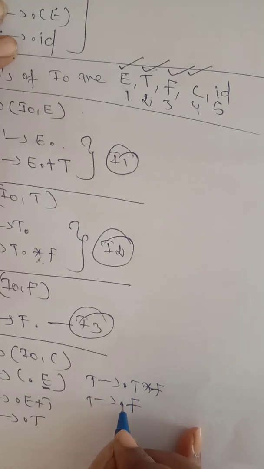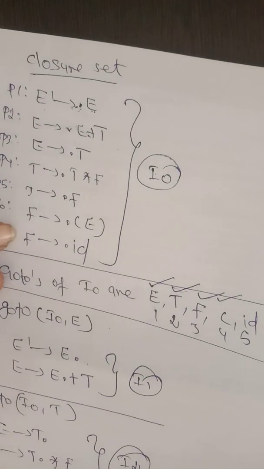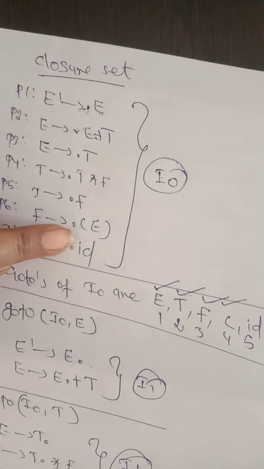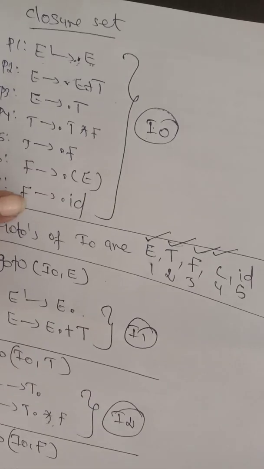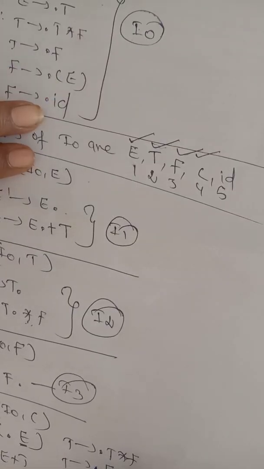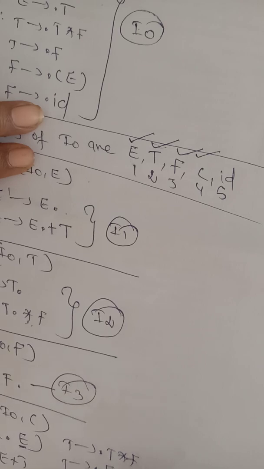Next T → dot F. Here F is a non-terminal, so take the F productions from I0. What is the value of F? F → dot open bracket E close bracket, F → dot id. So copy those two productions.